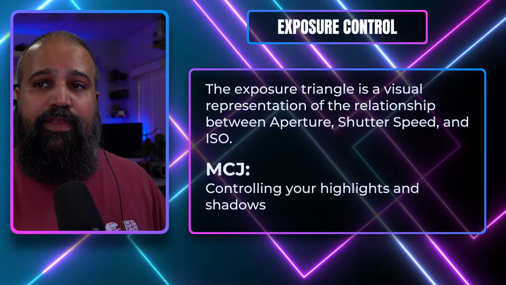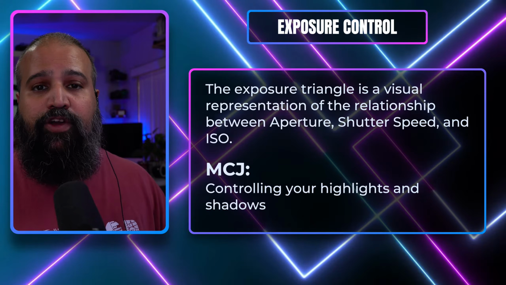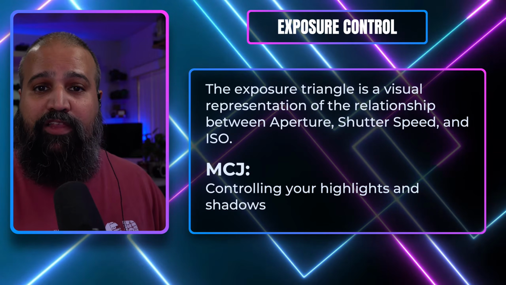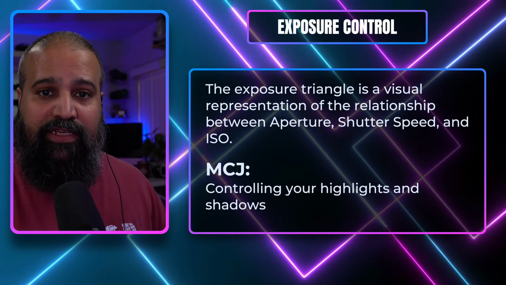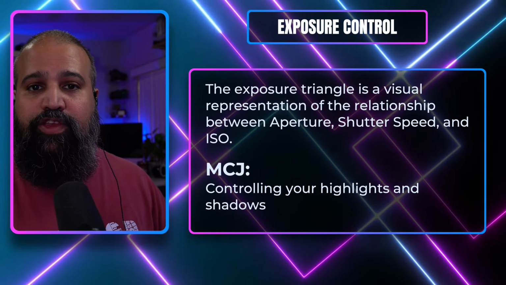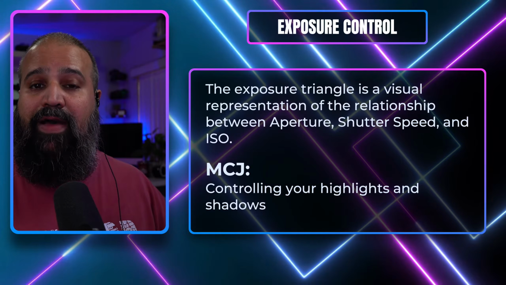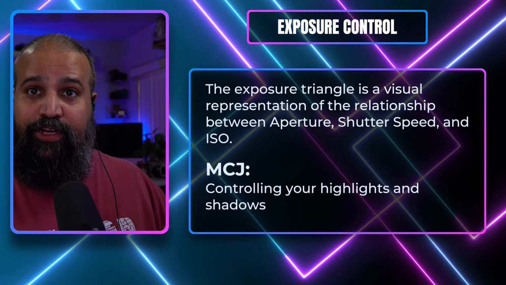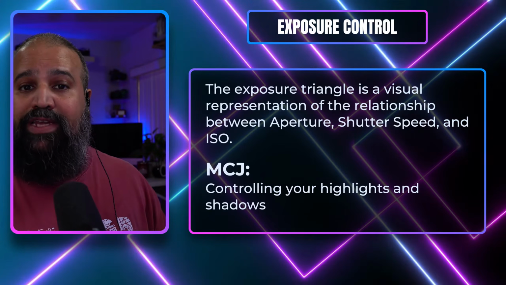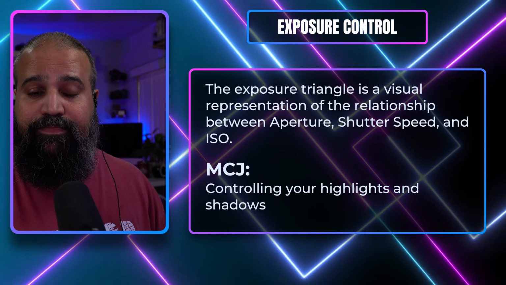So, for example, if you want to keep your ISO at a low value to decrease noise, or the grain, then you would want to increase the amount of shutter time available, trying to keep the ISO at its lowest.